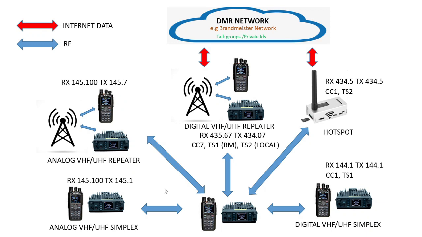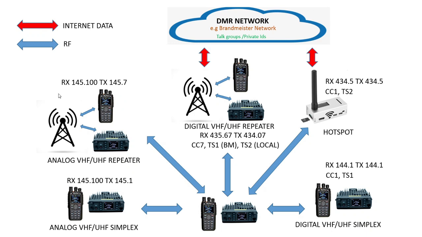The second type of communication you might be doing is communicating with a local analog repeater. It could be VHF or UHF. For example, in my city, there is an analog VHF repeater.